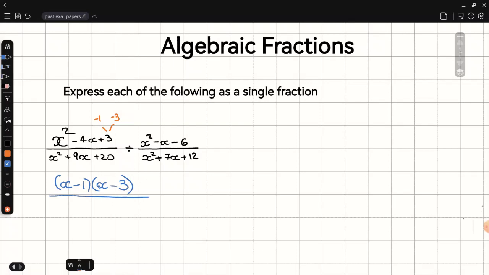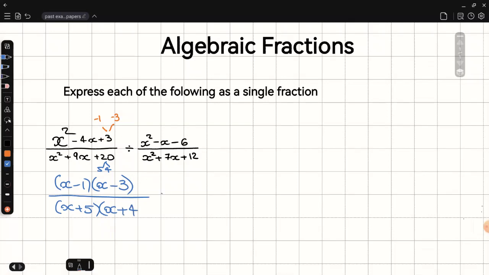These numbers are 5 and 4, because 5 times 4 gives me 20, and if we add 5 and 4, that gives us positive 9. So I can write it down as x plus 5 and x plus 4.